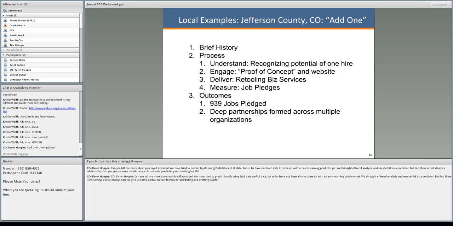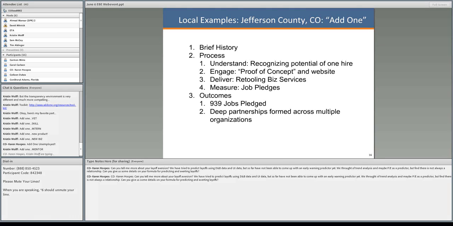So as you can imagine, they also have some really excellent media coverage. And what you'll see is that it's not framed as a sort of workforce system initiative. They really have champions from the business community talking about why this is important.